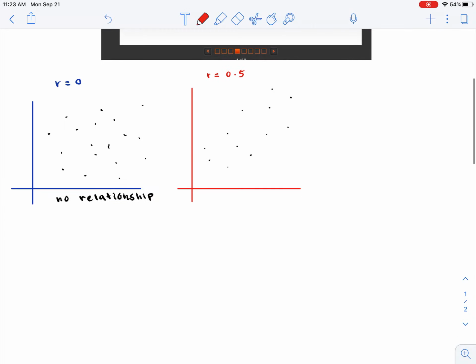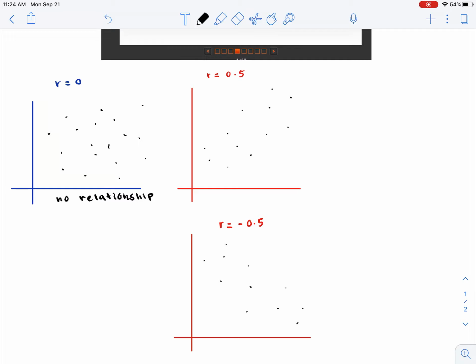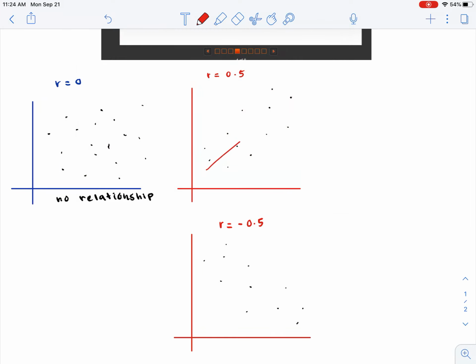So if we had R equals -0.5, there would be somewhat of a relationship, but instead this time it's decreasing.